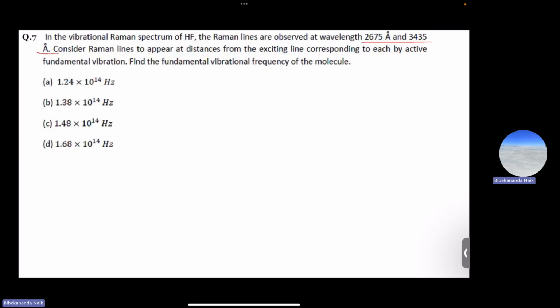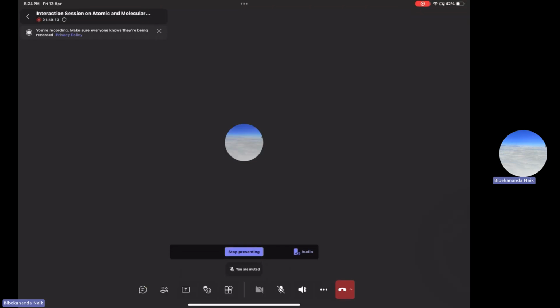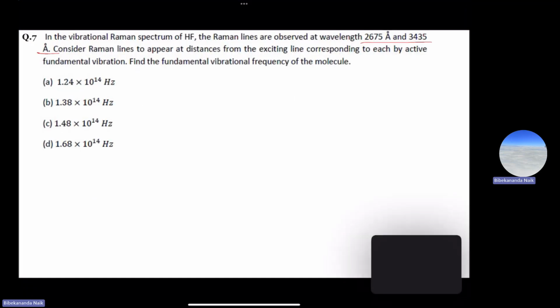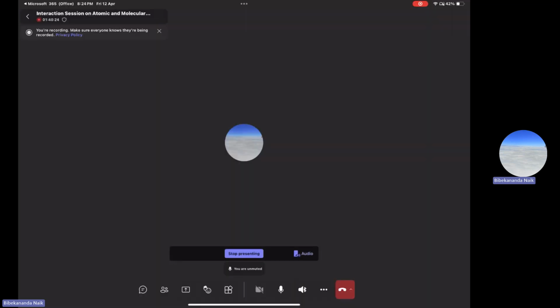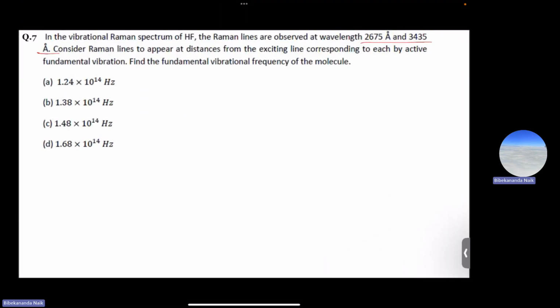So now let's solve the second question. The two Raman lines are observed, one at wavelength 2675 angstrom and the other at 3435 angstrom.